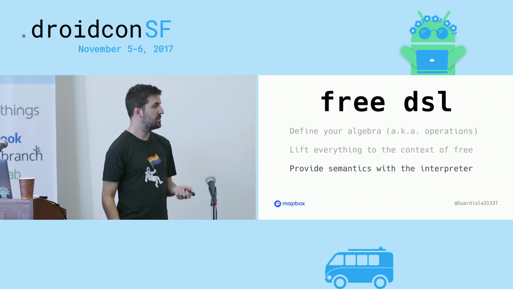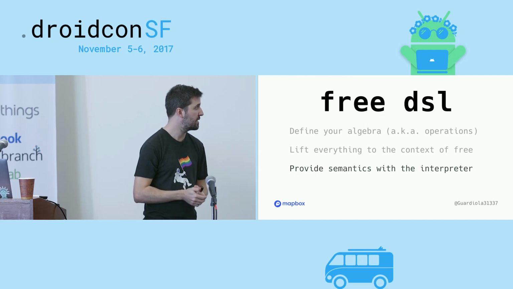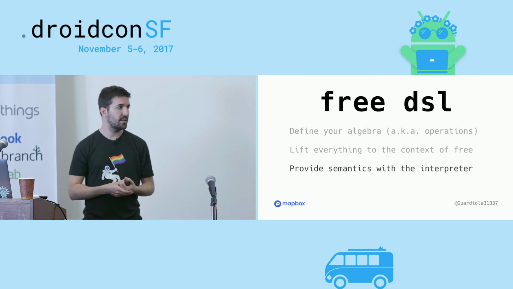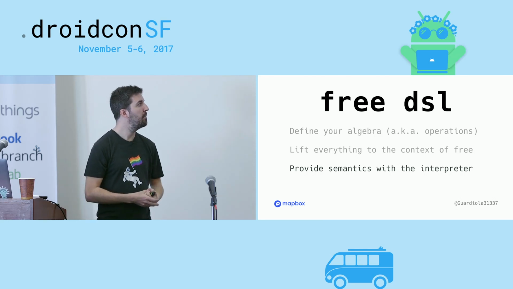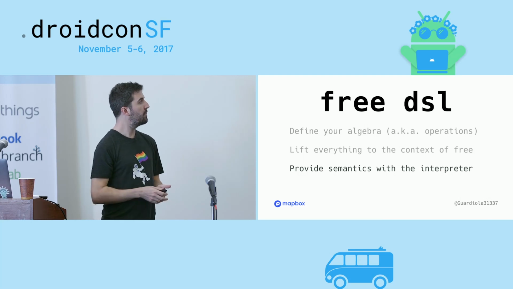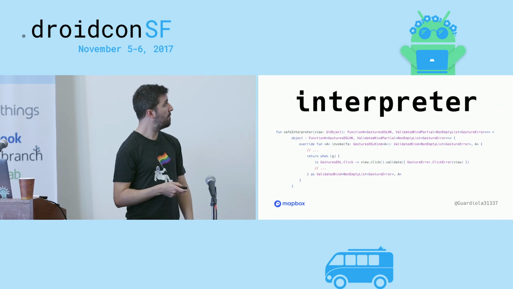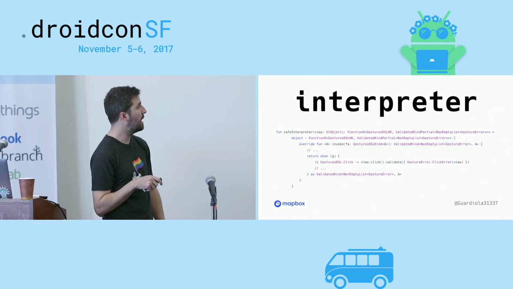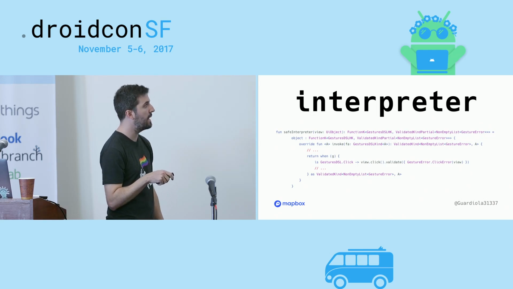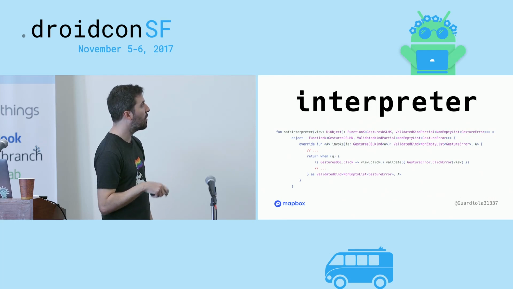The third step that you need to take into account to create a DSL using the free abstraction is that you need to provide the semantics with the interpreter. Basically, you need to give the implementations of your actions. And as you can see here, because we model the algebra using a sealed class, you will need to provide every action within the when.